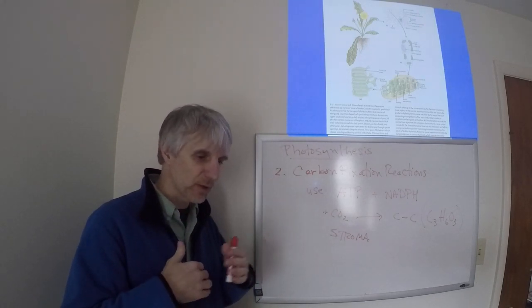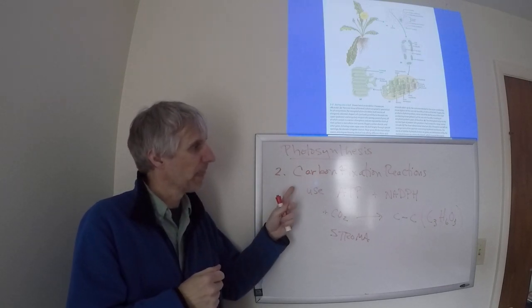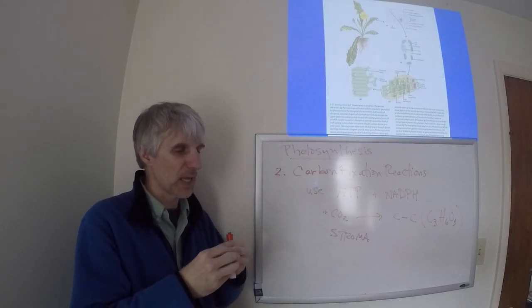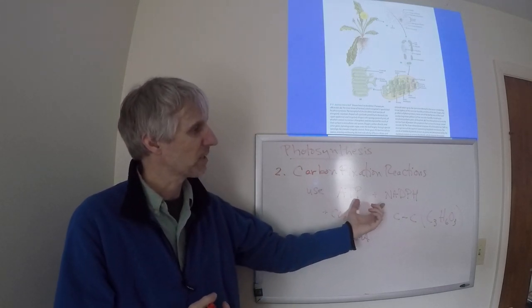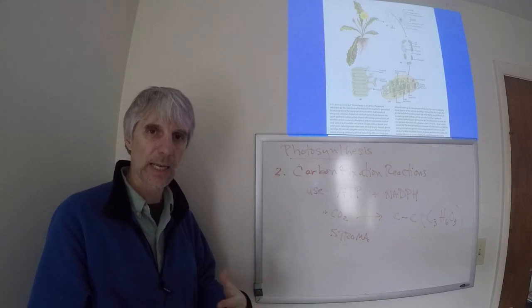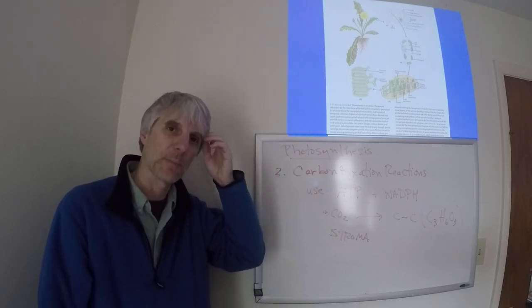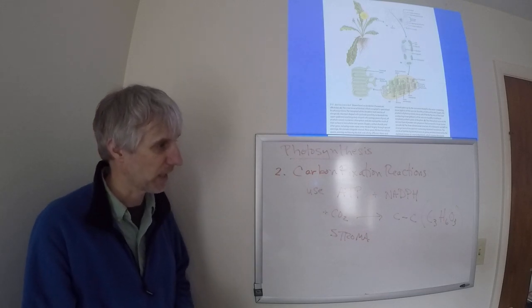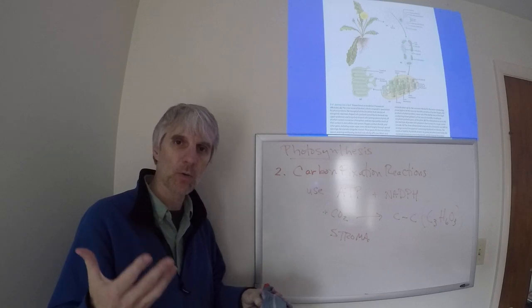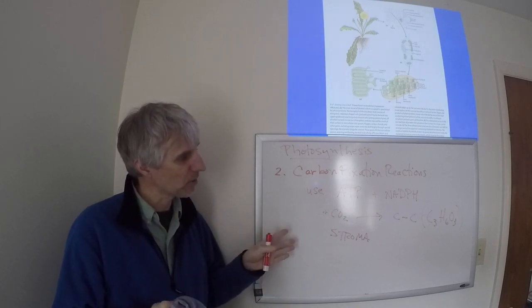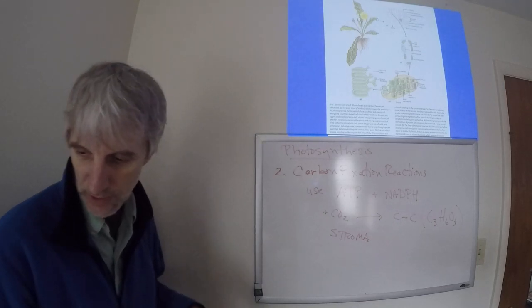So when Calvin turned the light off in his chamber and worked out the Calvin cycle, he basically was able to follow these reactions for about 20 minutes, because that's about how long it took the ATP and NADPH to be used up, and then the carbon fixation reaction stopped. All right, so in a nutshell, these are the important components that we need to look for as we go ahead and do this process in more detail.